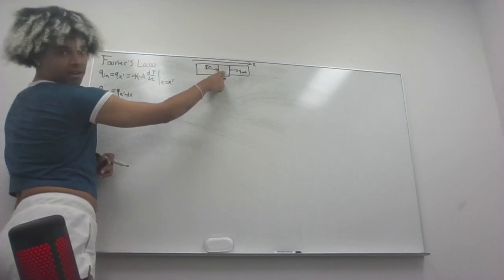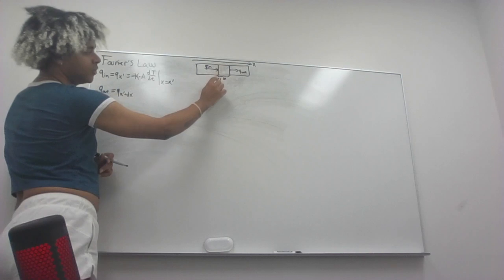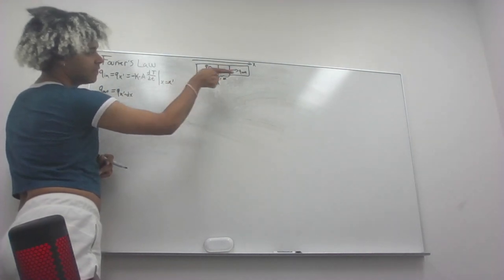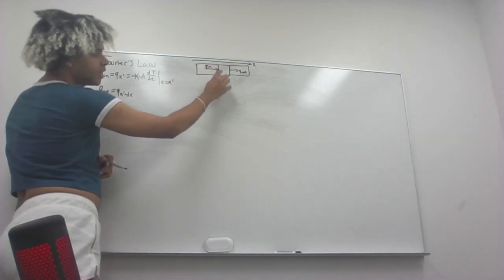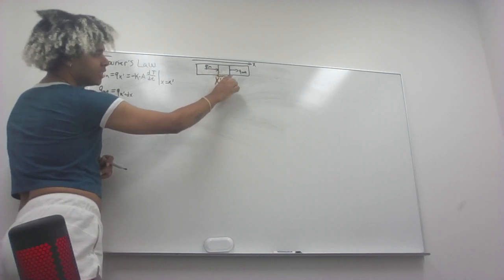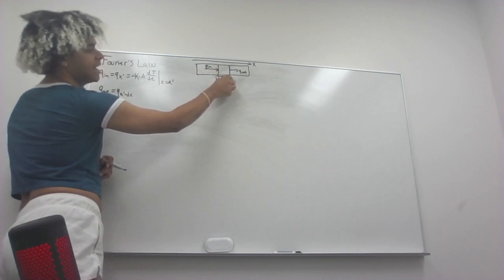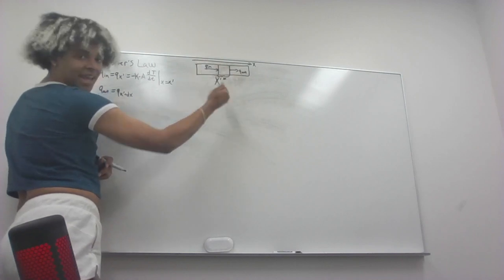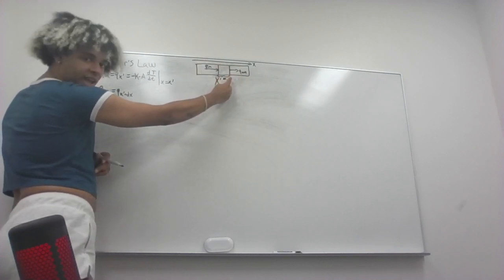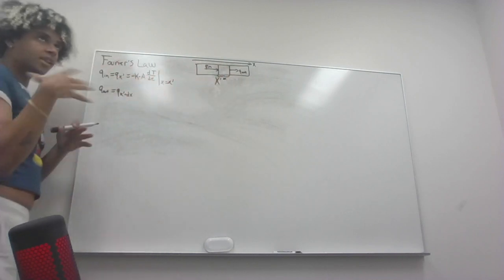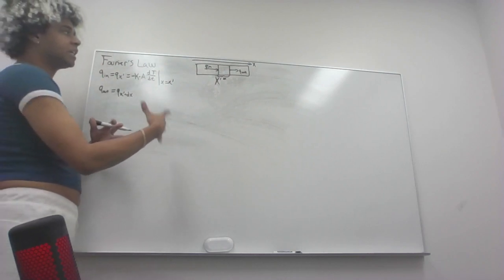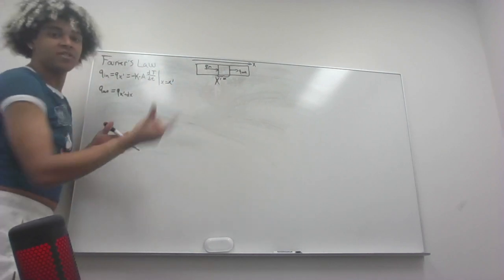You have your first position where heat flux is going in, x prime, plus that whole difference to the position that is the end of the section. That's what we're looking at for the heat flux going out of that section of the bar.